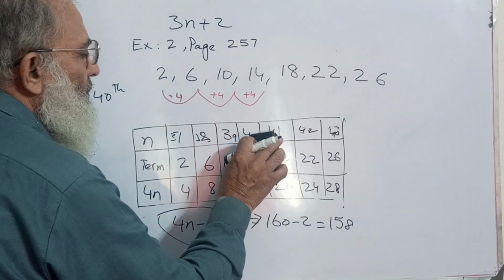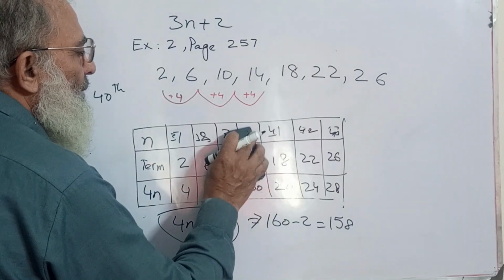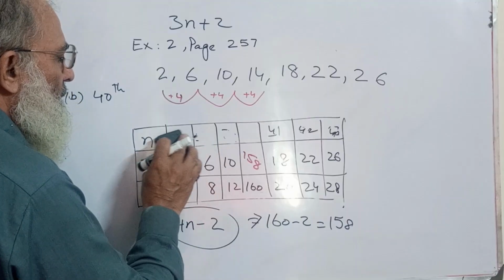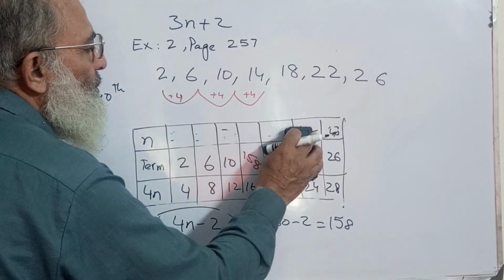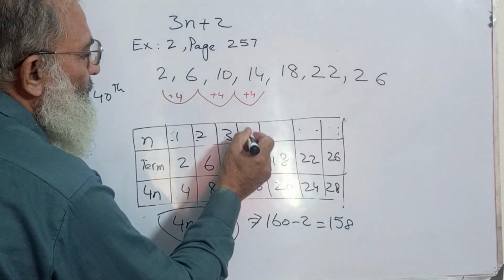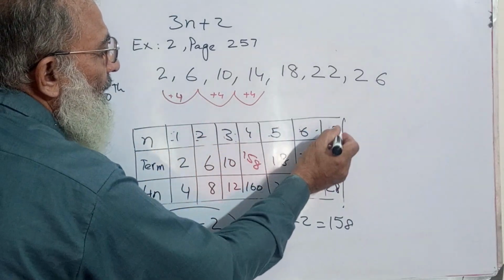Now about C, let me make this table back to its original position. Now this was 1, 2, 3, 4, 5, 6, 7. So this was 1, 2, 3, 4, 5, 6, 7.